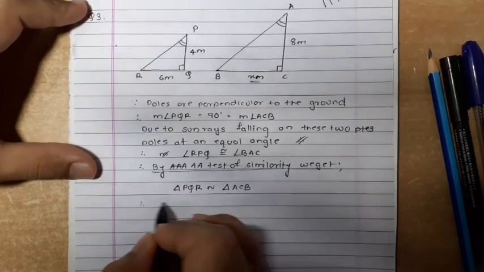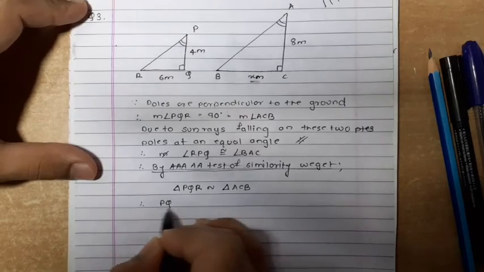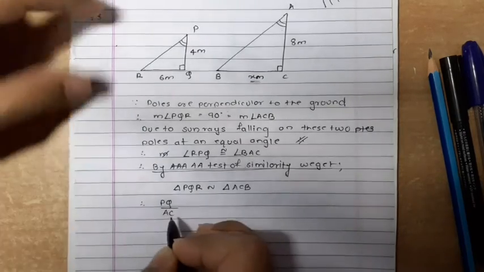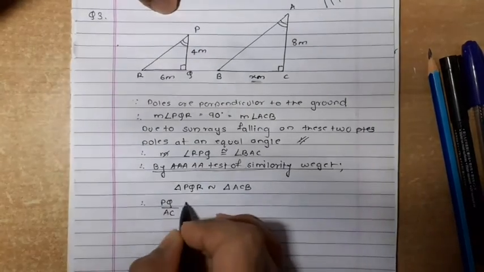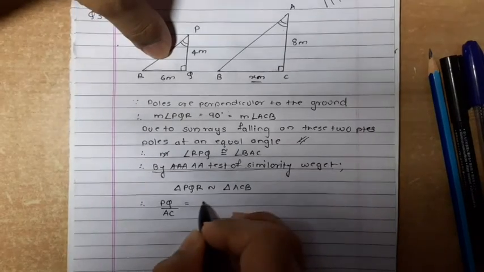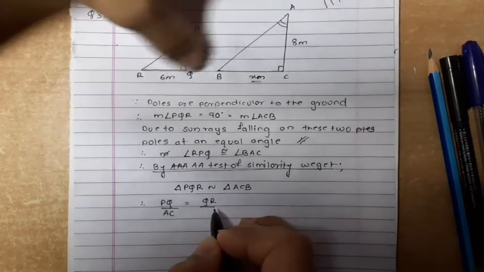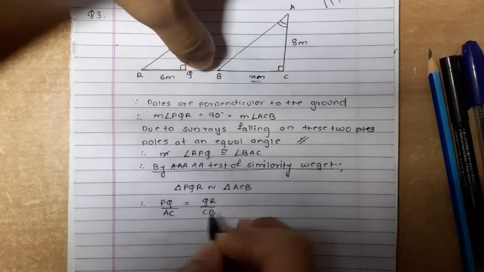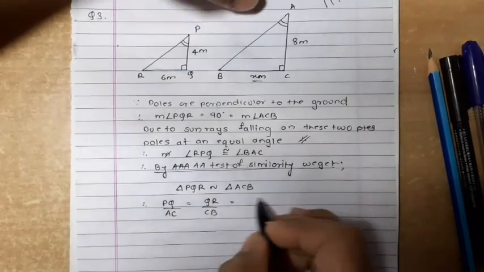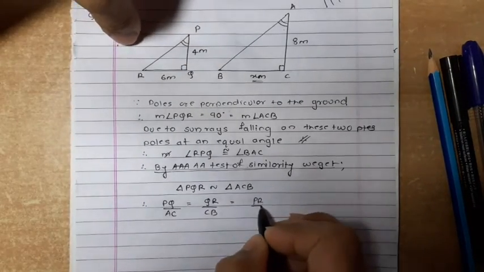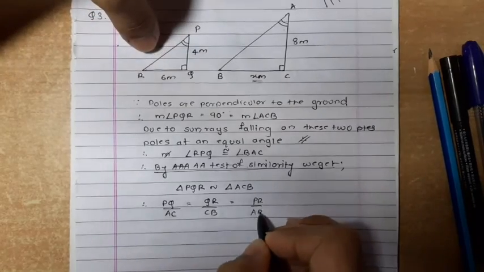Therefore, PQ upon AC will be in proportion to QR upon CB will be in proportion to PR upon AB.